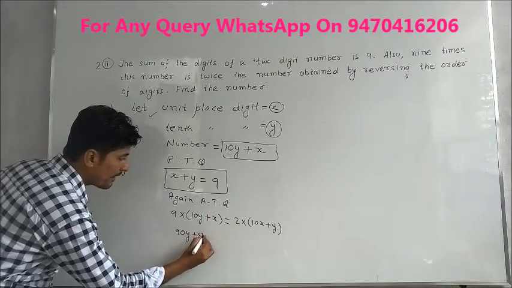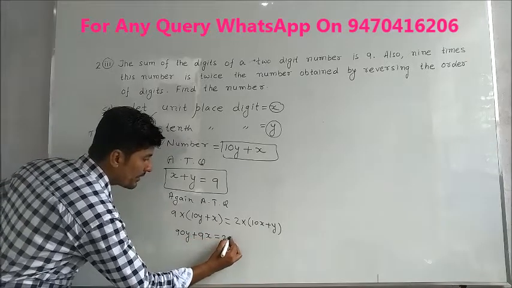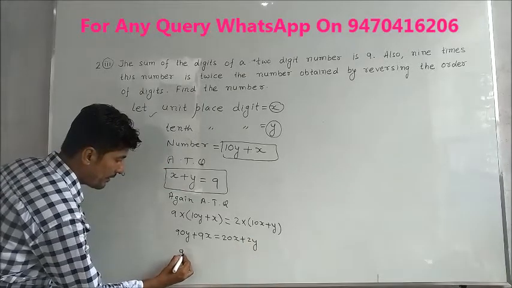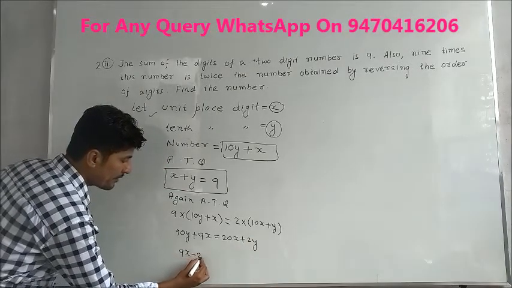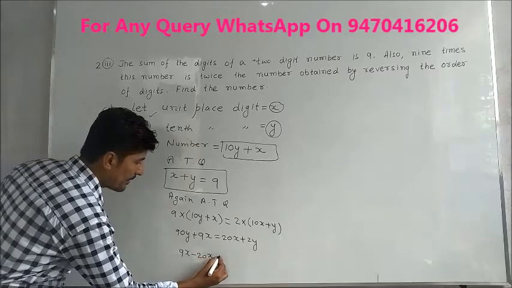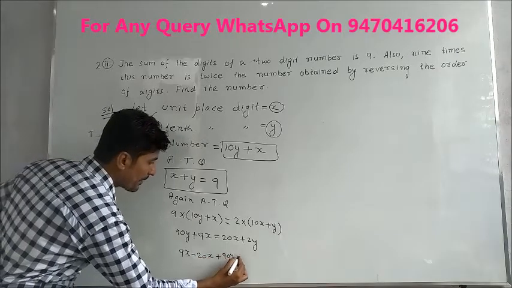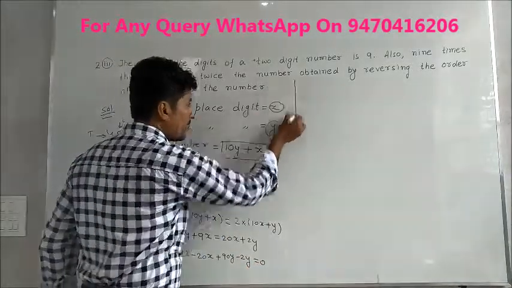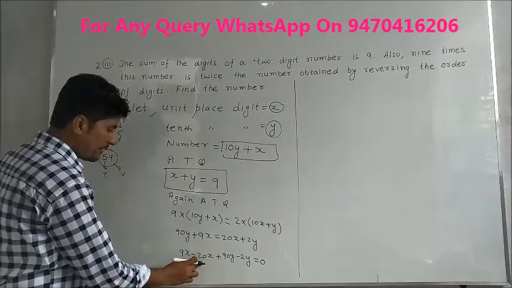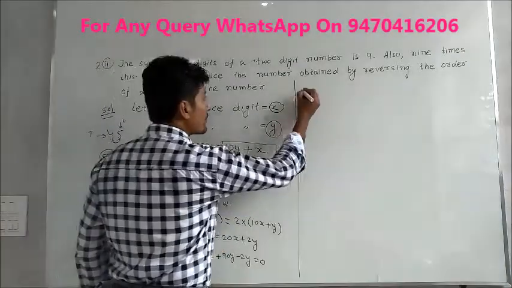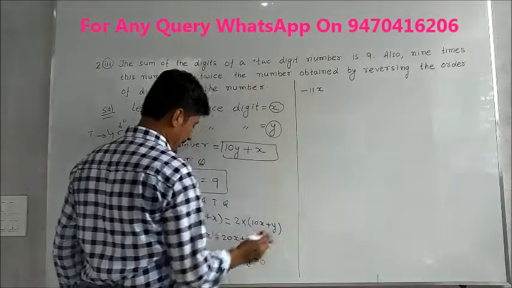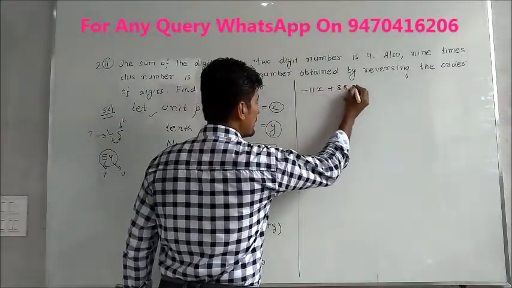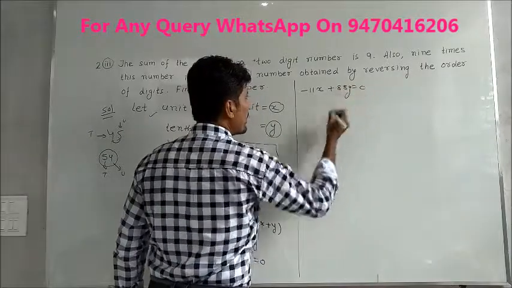90y plus 9x equals 20x plus 2y. Here we can write 9x minus 20x plus 90y minus 2y equals 0. After that, minus 20 plus 9 equals minus 11x, and 90 minus 2 equals 88y, equals 0.